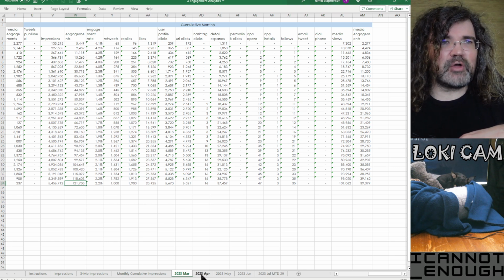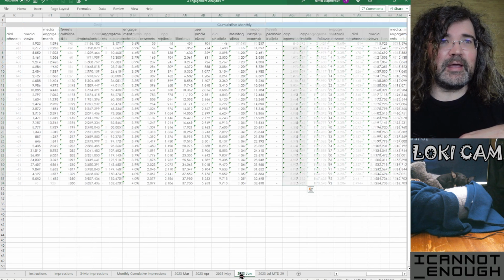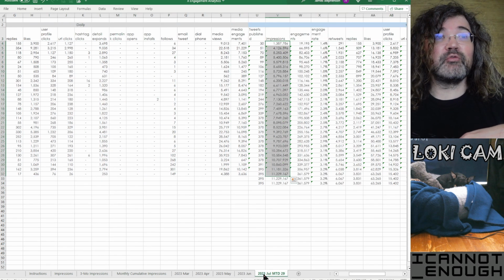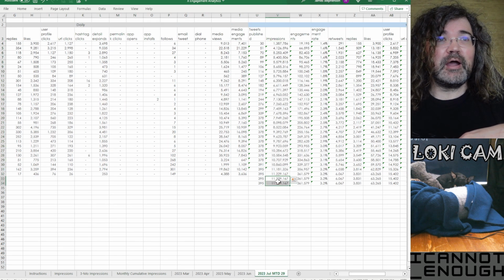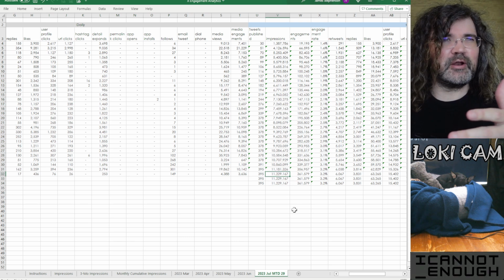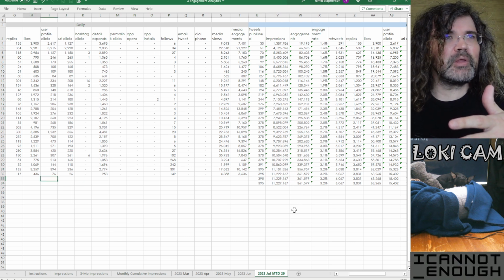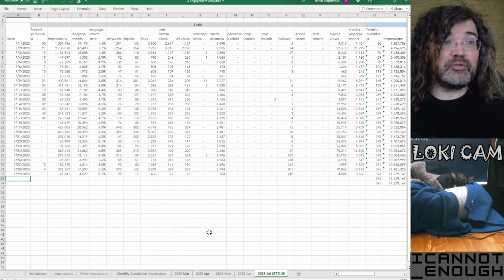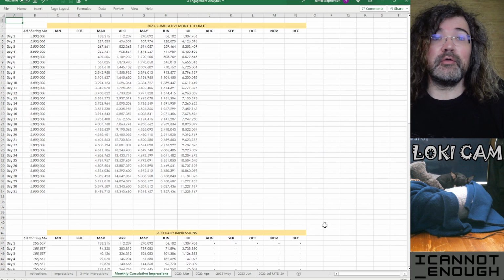So I did that for March, I exported April, I exported May, I exported June, and I exported July month to date. I just filled in no growth at all for July 30th and 31st. Today is the 30th. I did this yesterday. So then I made charts out of these. So how did I do that?